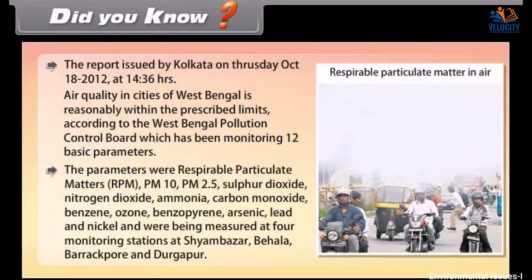The parameters were respirable particulate matters RPM, PM10, PM2.5, sulfur dioxide, nitrogen dioxide, ammonia, carbon monoxide, benzene, ozone, benzopyrene, arsenic, lead and nickel, and were being measured at 4 monitoring stations at Sham Bazar, Behala, Barakpur, and Durgapur.